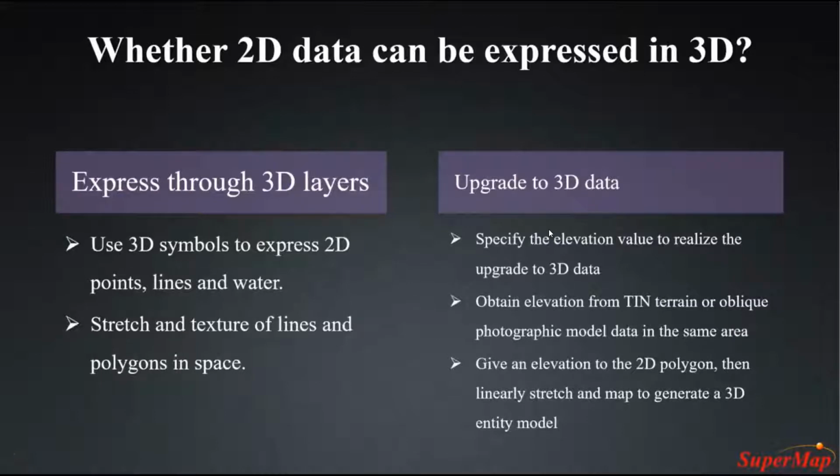If we have the elevation of the 2D data, we can upgrade the 2D data to 3D data. There are three methods to do this. The first is to specify the elevation value to realize the upgrade to 3D data.